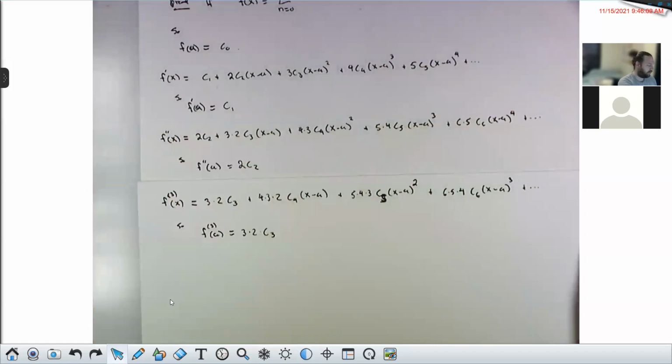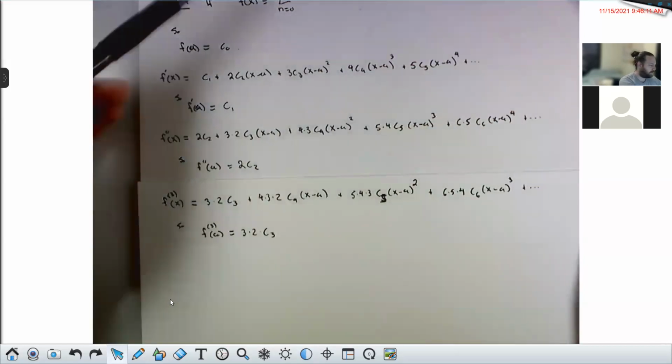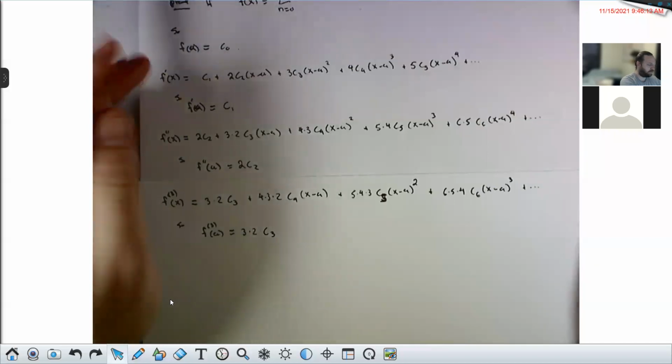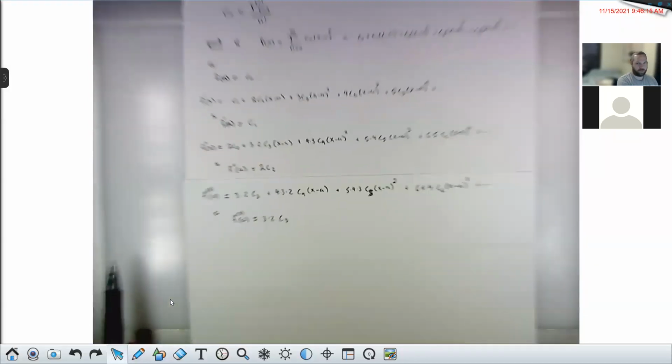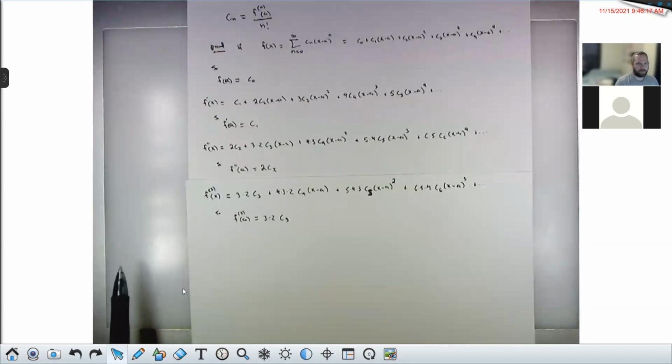I'm leaving that as 3 times 2 rather than writing it as 6, because remember what we're after here. We're trying to prove a formula that involves factorials. I claim that Cn should be the nth derivative evaluated at a divided by n factorial. So I'm going to help us see that this is a factorial by leaving them as products.